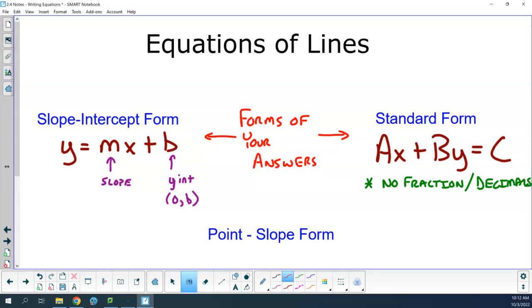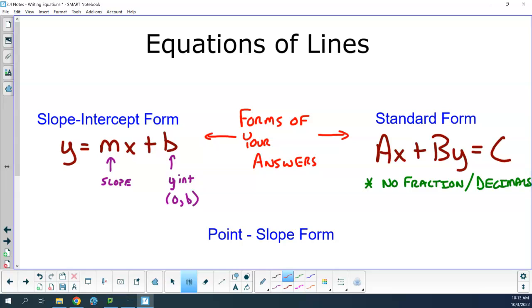So you have to be diligent in reading your directions, because sometimes it's going to ask you for the slope-intercept form of a line. Sometimes it's going to ask you for the standard form of a line. And if you give the other one, you're wrong.